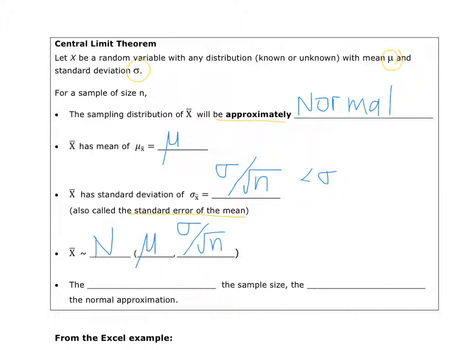All right, so if we want to improve the approximation, if we want to make it a better approximation, well, we're going to want to increase the sample size. So the larger the sample size, the better the normal approximation.